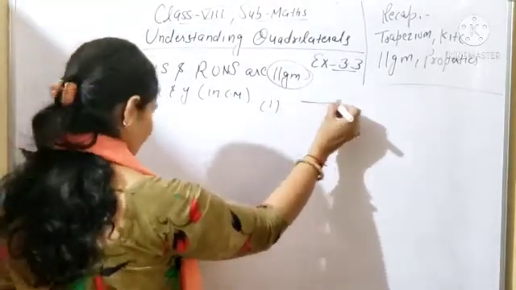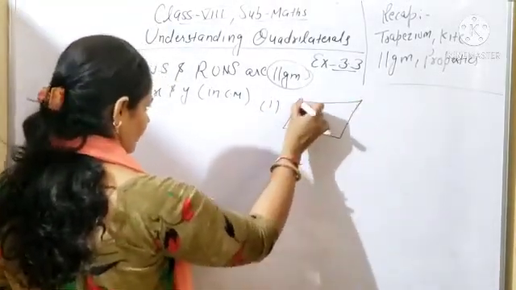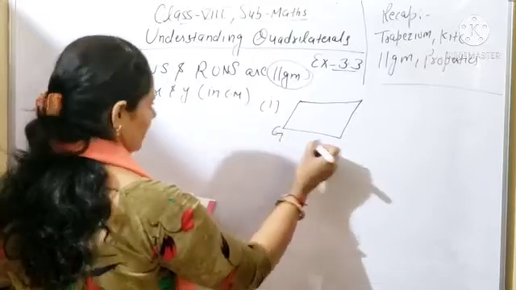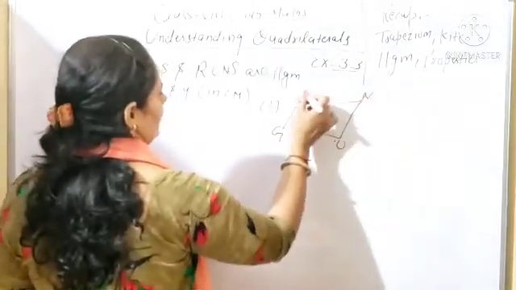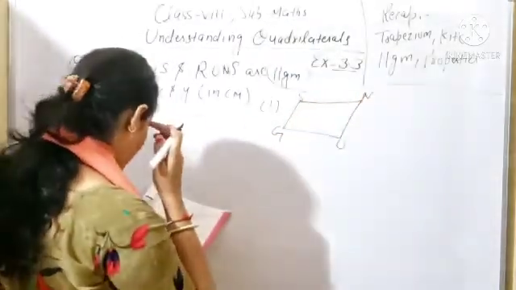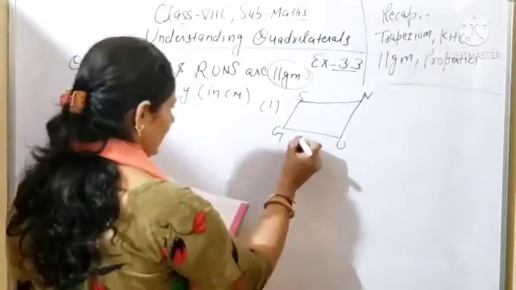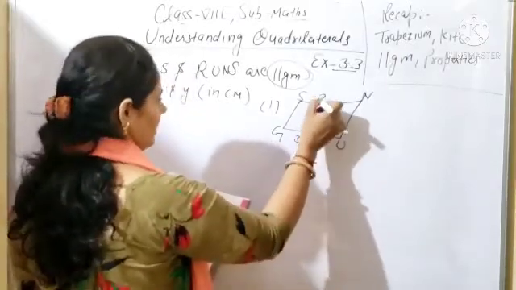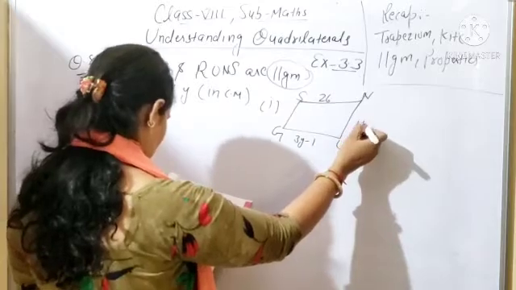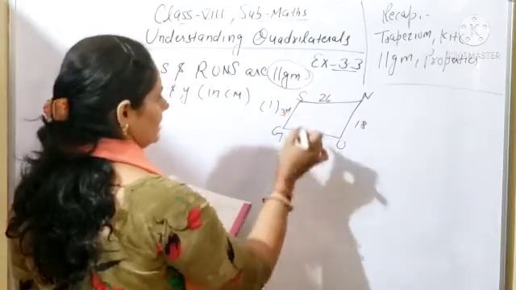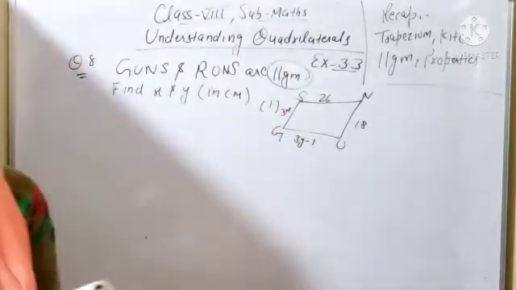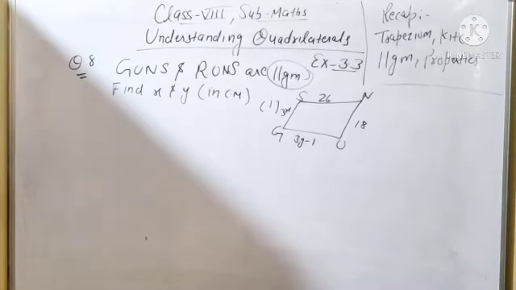First one, it is given the parallelogram like that. GUNS, G, U, N, S. Okay, and it is given 3y minus 1 is equal to 26. This side is 18. This one is 3x. Clear? So first we will solve the first part, beta. GUNS and RUNS are parallelograms, so RUNS is the second part.